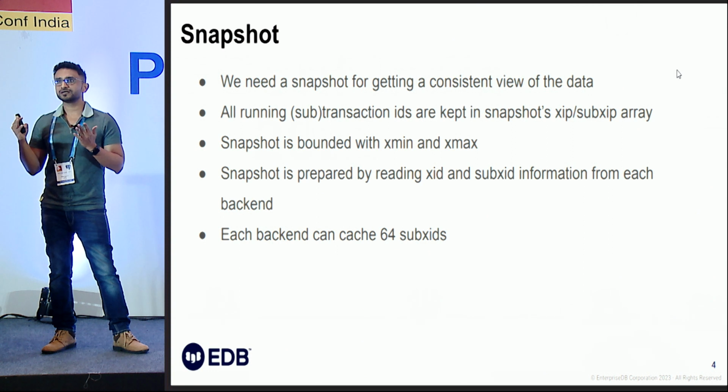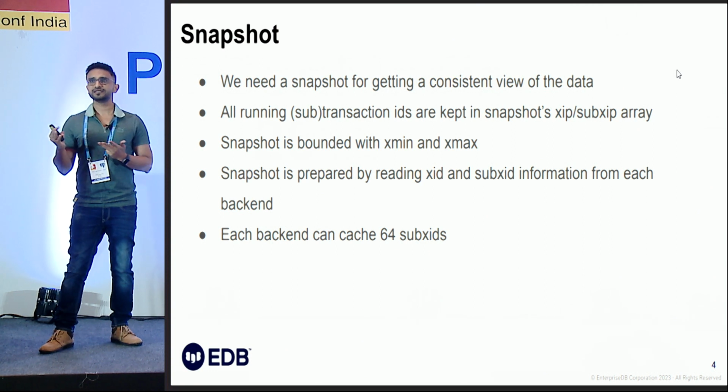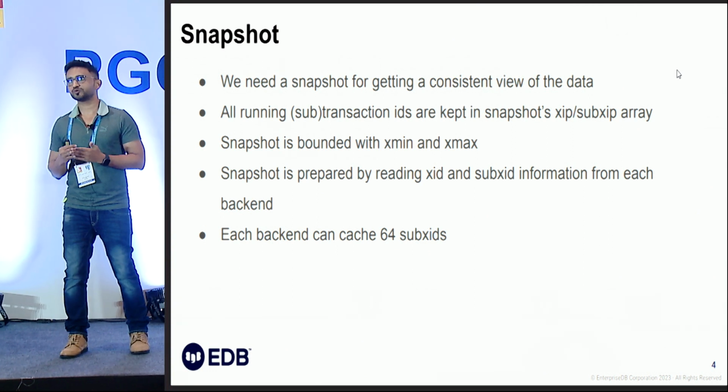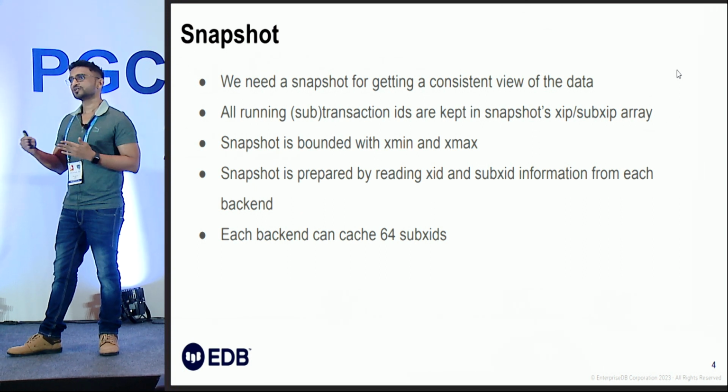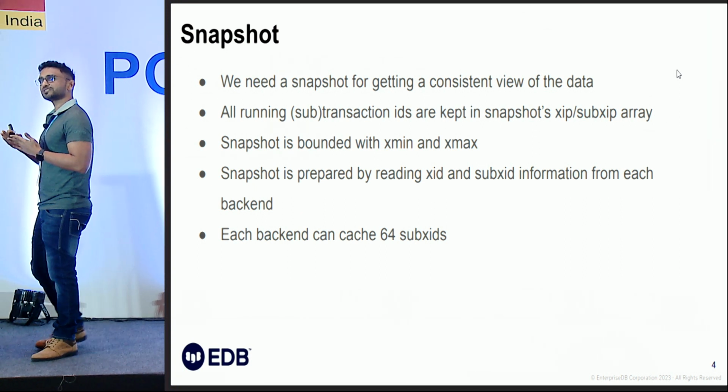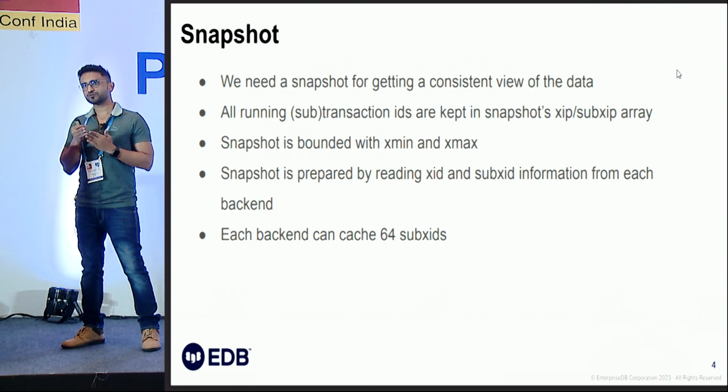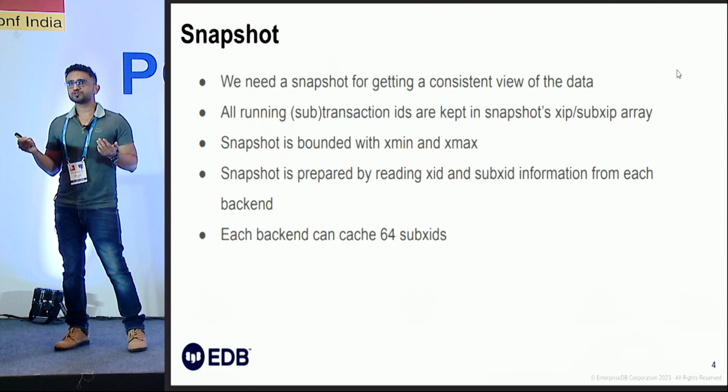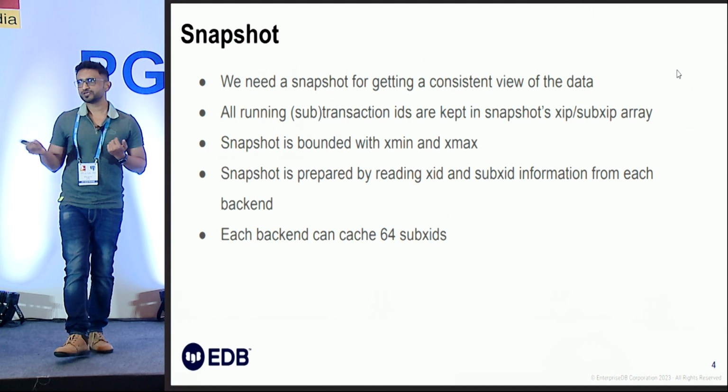Then you also have the latest committed XID variable available, so you can set that as xmax. Any transaction ID bigger than this value, you can always assume is running for you, not committed for you.